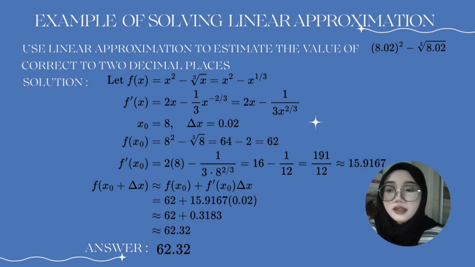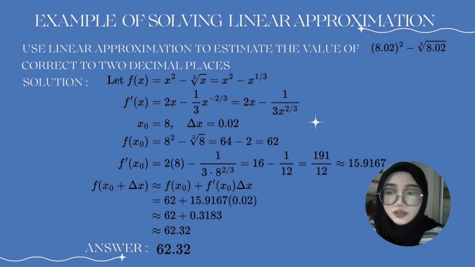The linear approximation formula is f of x-naught plus delta x is approximately equal to f of x-naught plus f prime of x-naught times delta x. So we substitute our numbers. The approximation equals 62 plus 15.9167 multiplied by 0.02. We multiply 15.9167 by 0.02 and get approximately 0.3183.